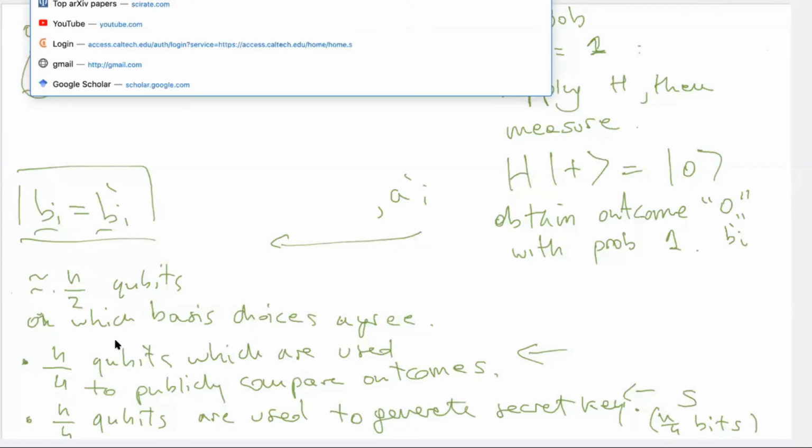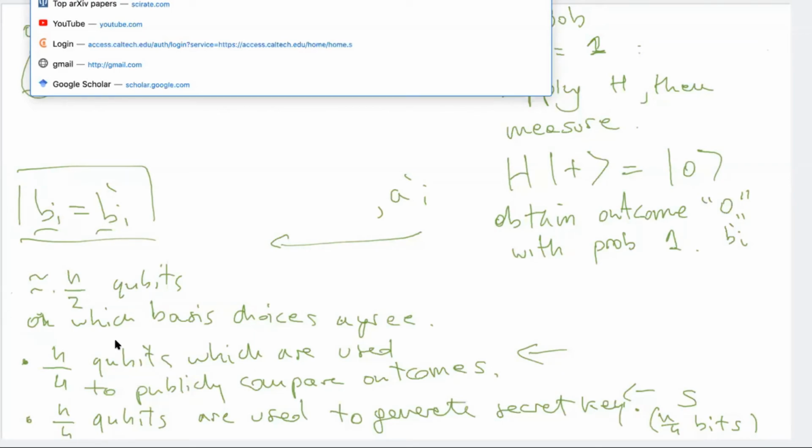Is there any way to make this more efficient? Not if you want to preserve the security. Remember at the start I said that the secret key S that Alice and Bob end up having at the end really has the utmost security.